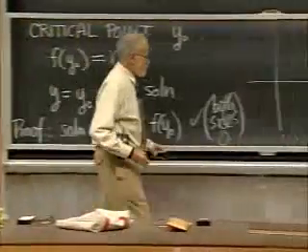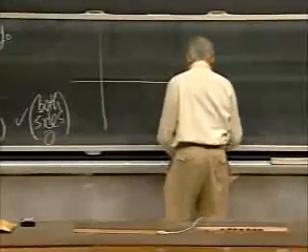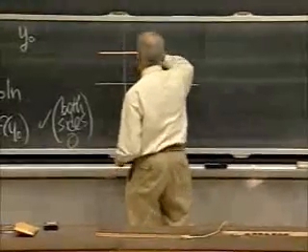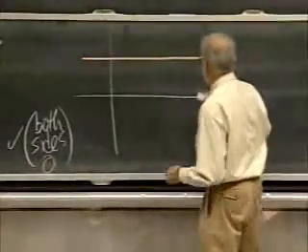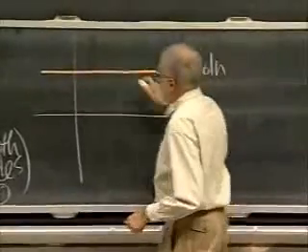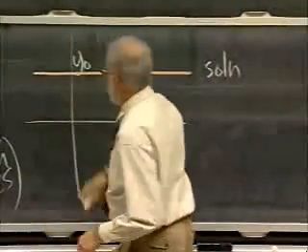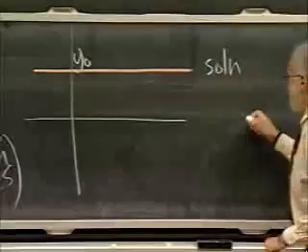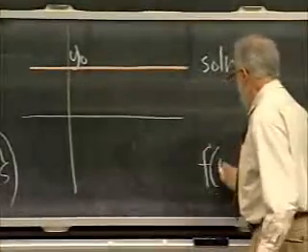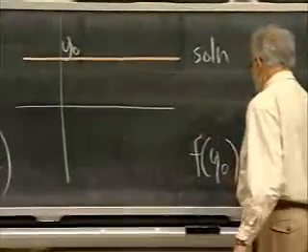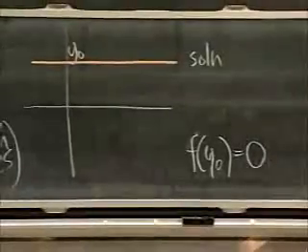So here's a horizontal solution. That's a solution. This is my y0, that's the height at which it is, and I'm assuming that f of y0 equals 0, so that it's a solution.